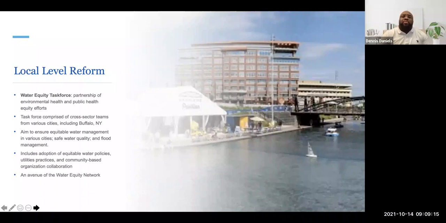And the aim of the Water Equity Task Force is to do just that, provide an assurance of equitable water management, as well as to ensure safe water quality and flood management. We know, many of us know from living in this region, that floods are likely to happen during certain times of the year.